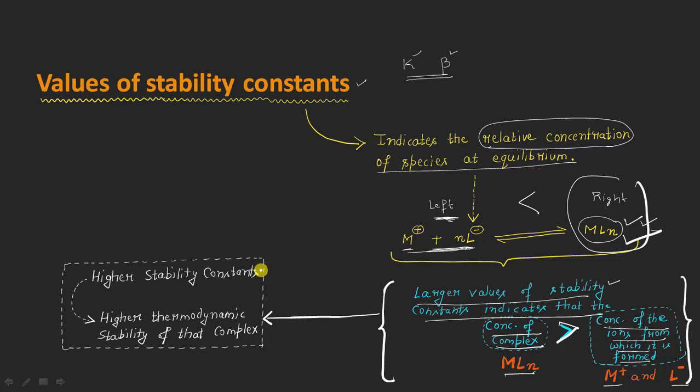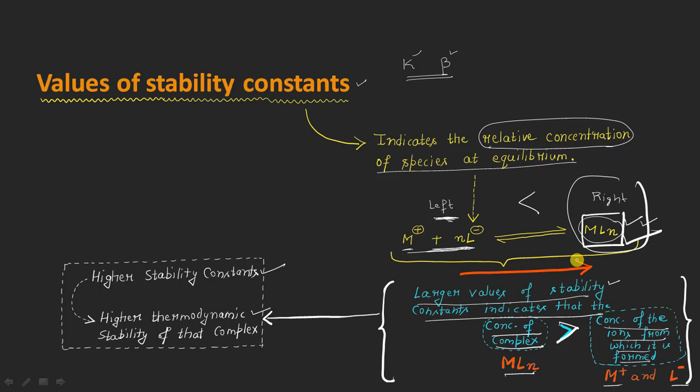So a higher stability constant means a higher thermodynamic stability of that complex. For this equilibrium reaction, if the stability constants are higher, this complex will have high thermodynamic stability, and the equilibrium will shift towards the right hand side.